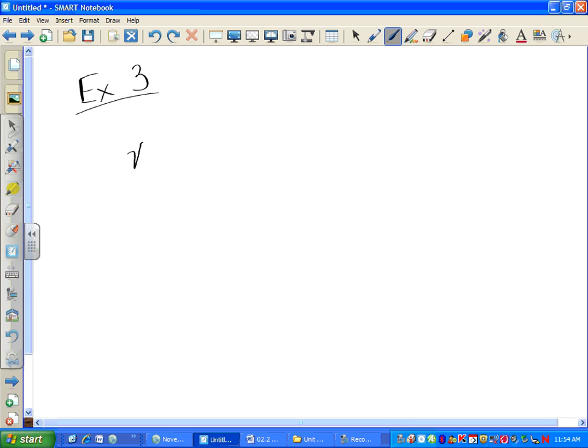Okay, square root of 2x minus 1 plus 3x over... Okay, so this one's actually easier, but it just looks a little scarier.